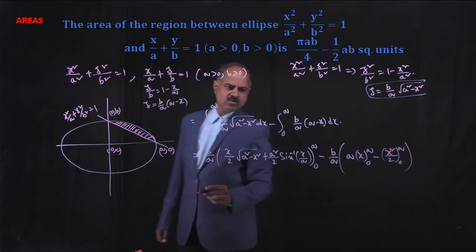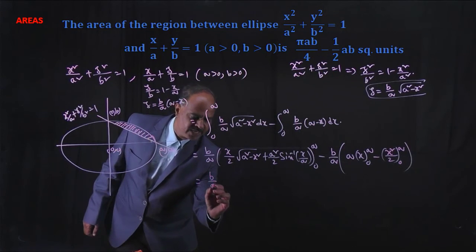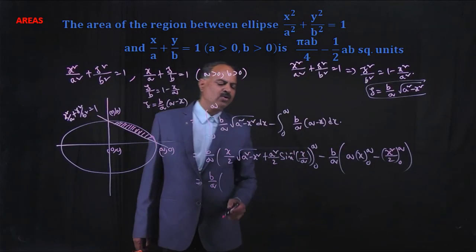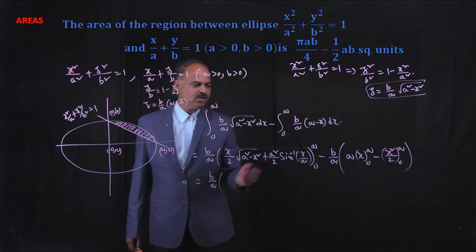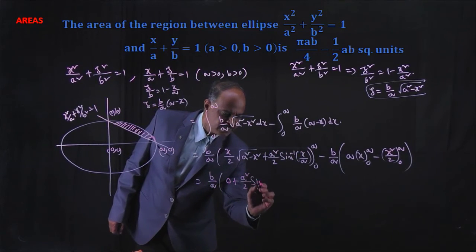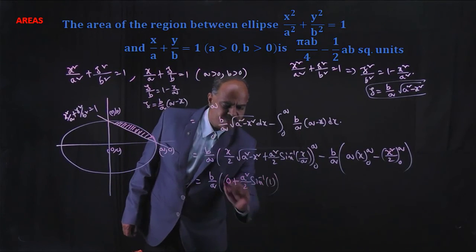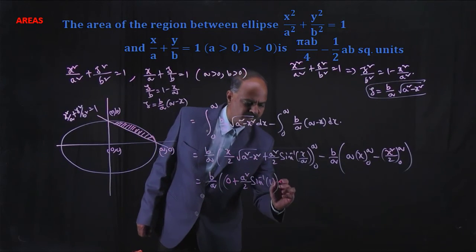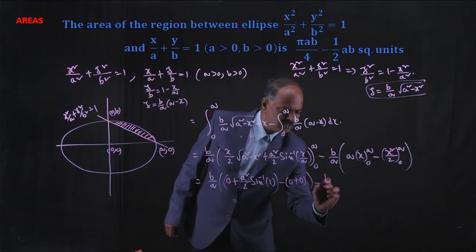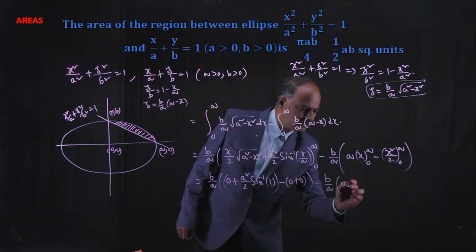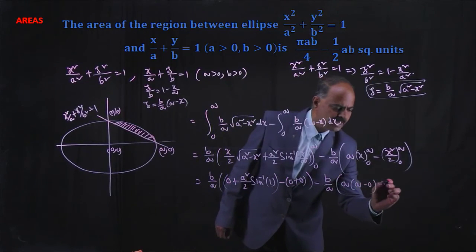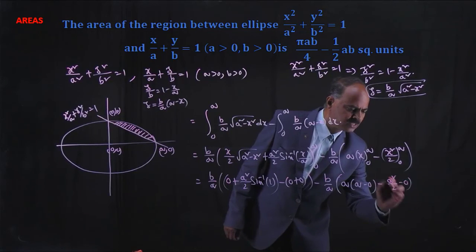Now here this is equal to b by a into, substituting the upper limit in place of x, a by 2 into root over a square minus a square, that is 0. Here 0 plus a square by 2 into sin inverse 1, substituting the lower limit in place of x, that is 0 plus 0, which is equal to 0, minus b by a into a into, upper limit minus lower limit, that is a minus 0, minus a square by 2 minus 0.